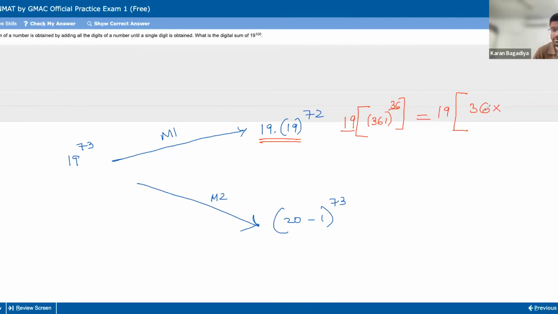36 into, right? Luckily for this number is also 36. So 36 into 60 into 1 raised to 35 plus simply just 1 raised to 36.